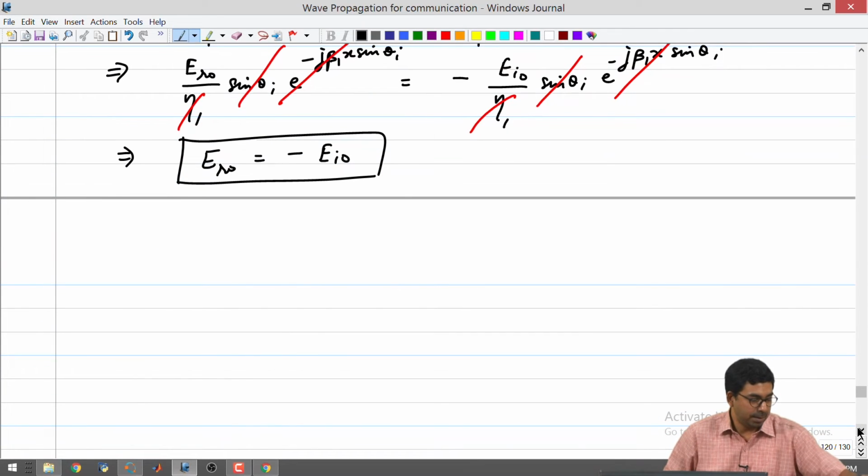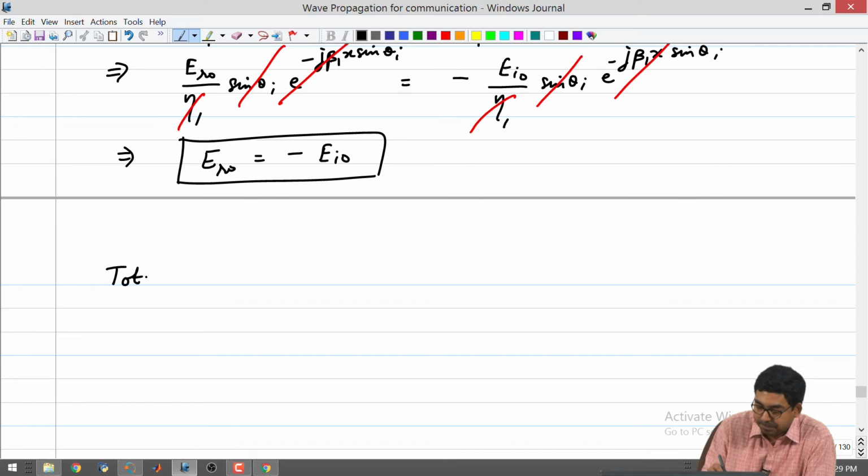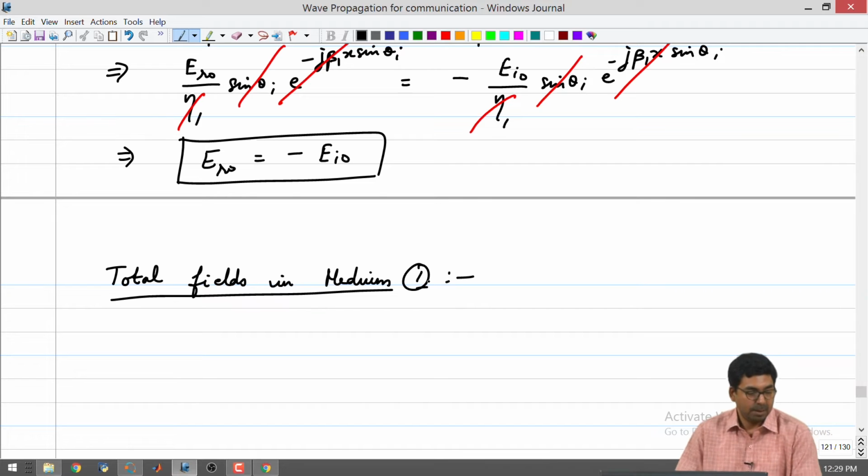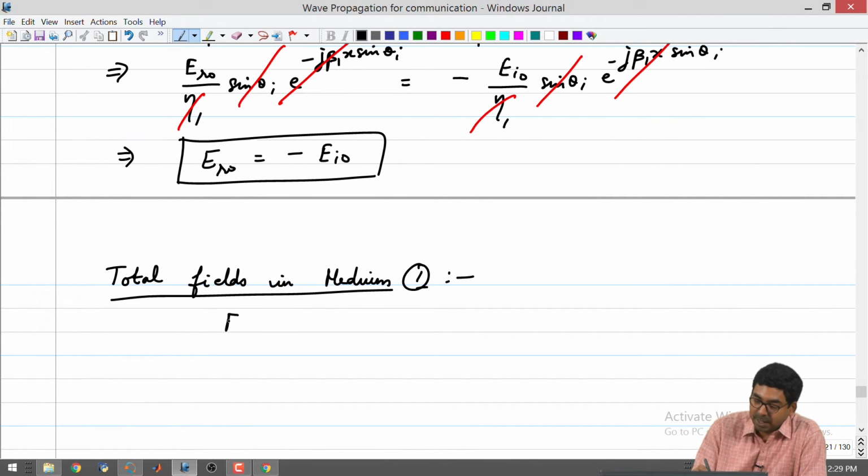Having got this, one can ask what the total fields in medium 1 are. Suppose I write the field to be equal to EI plus ER.